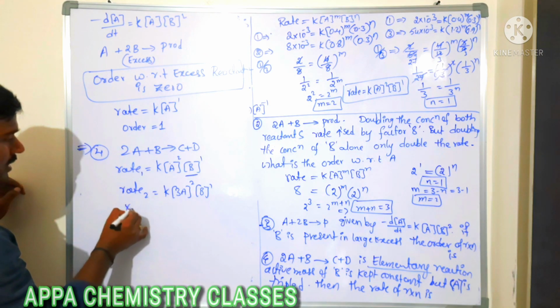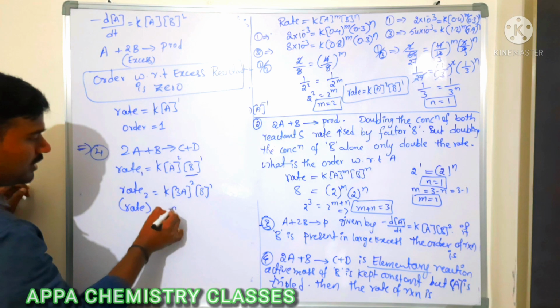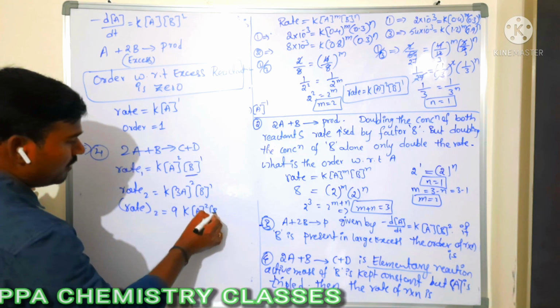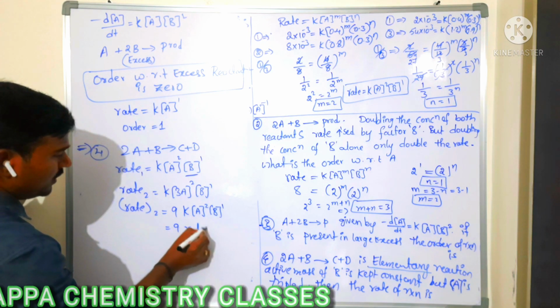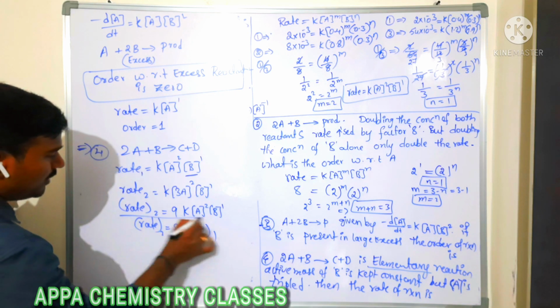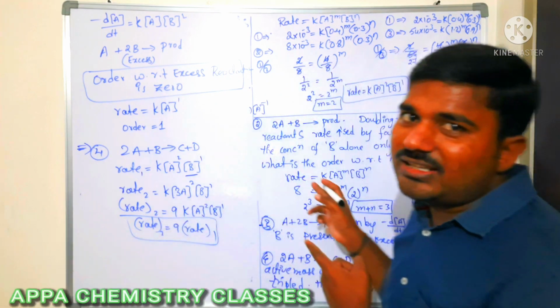Then the final rate will be 3 squared, that is 9 times k into A square into B power 1. So that is 9 times the initial rate. The final rate is how many times the initial one? 9 times. Is that clear?